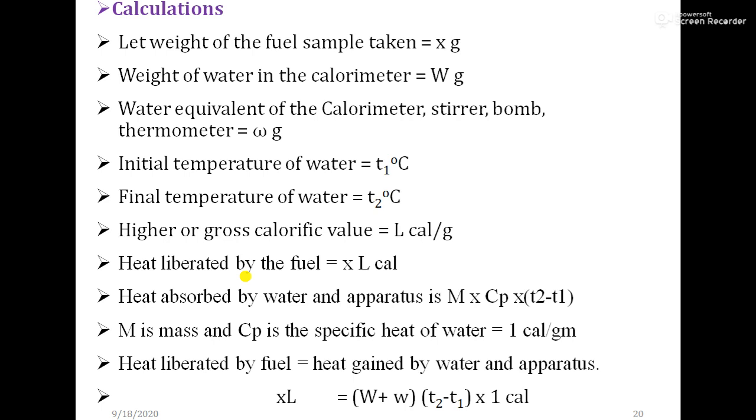Then initial temperature of water is T1 degree Celsius, final temperature is T2 degree Celsius. Higher calorific value or gross calorific value, the symbol is L, calorie per gram, and heat liberated by the fuel is XL calorie. So heat absorbed by water and apparatus is M into Cp into T2 minus T1, that is M is mass, Cp is specific heat of water, that is 1 calorie per gram.